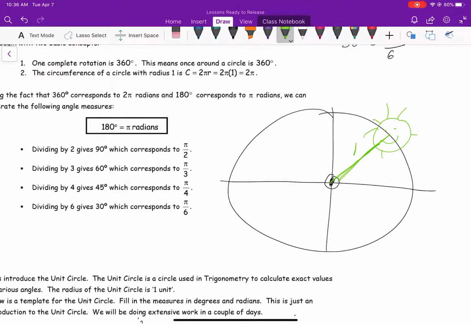Now you know from Science 9 that that's actually an astronomical unit. The mean distance from the Earth to the Sun is 1. We're just going to call it 1. So as the sun travels around in this direction, it's a circle with a radius of 1.